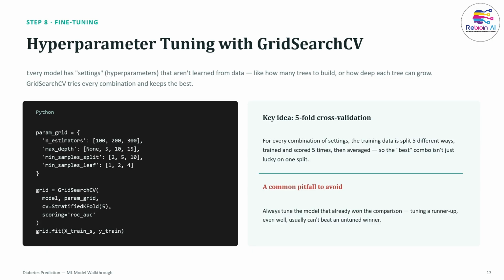The key idea underneath this is fivefold cross validation. For every combination, the training data gets split 5 different ways, trained and scored 5 times, then averaged. So the best combination isn't just something that got lucky on one particular split.